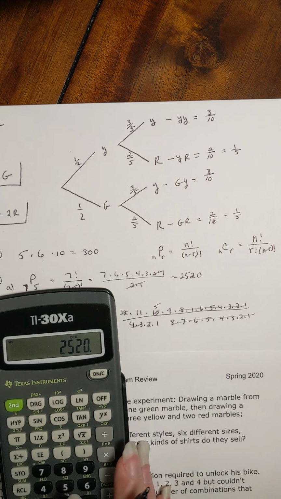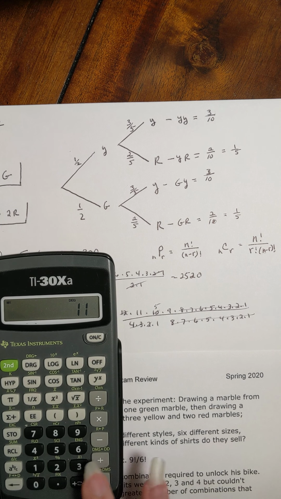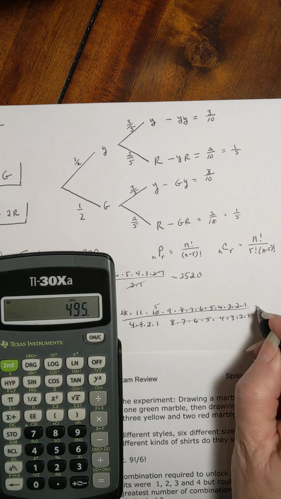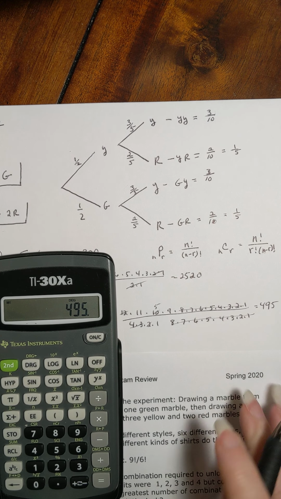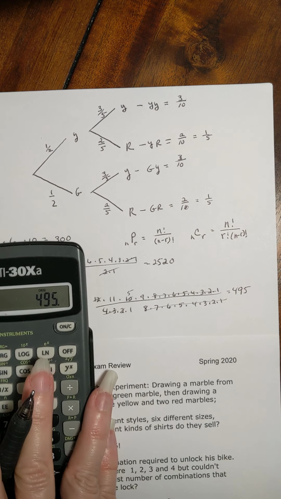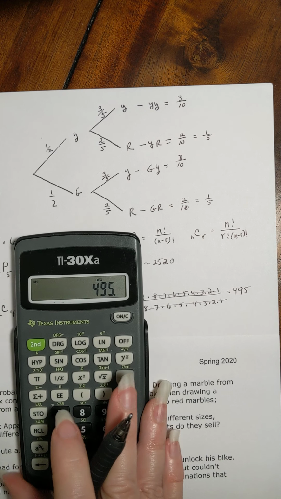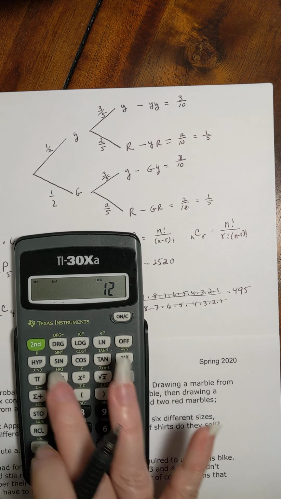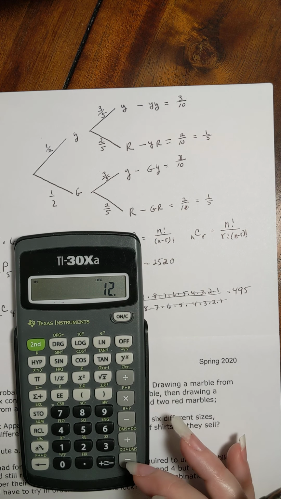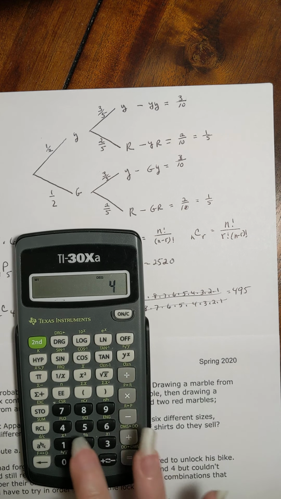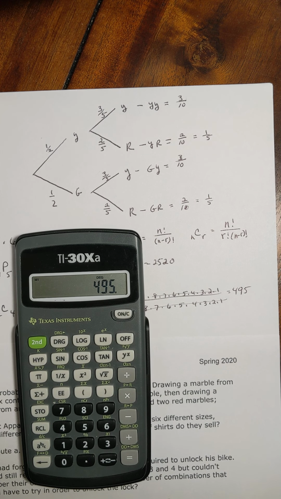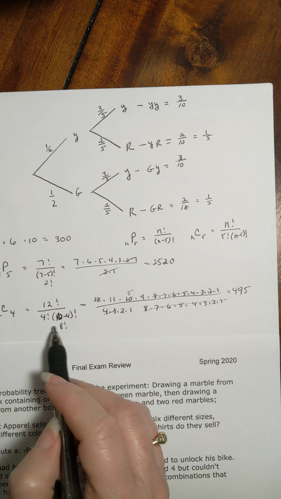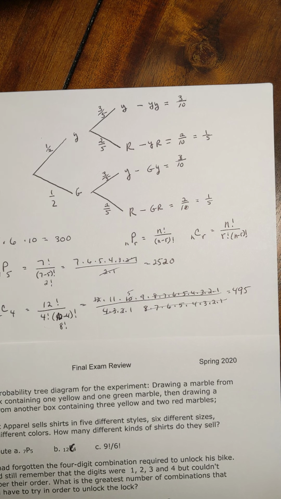So basically I have 11 times 5 times 9 equals 495, right? Or you can do it with your calculator, and you have 12 and then nCr of 4, and you get 495. But you do have to show me that this is what you're doing, all right?